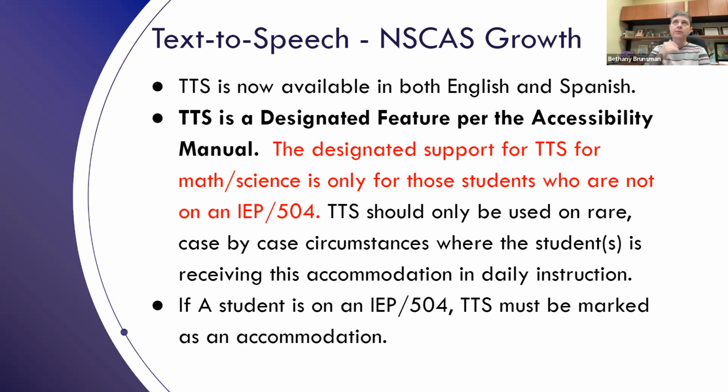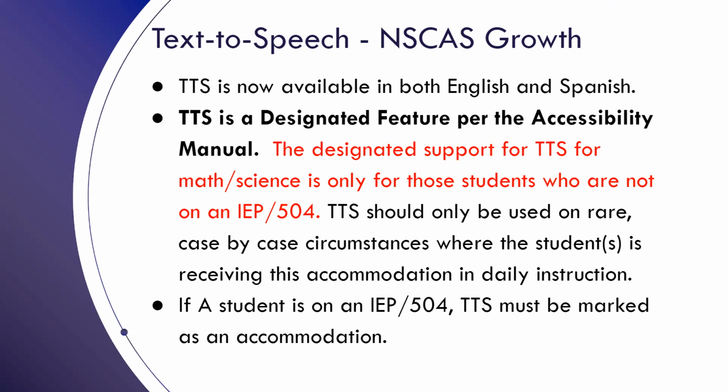Okay, a designated support, though, as I understand it, is something any student can have as long as they use it regularly in the classroom, right? Is that definition correct? Right now, it's only available for math and science. It's not available for ELA, as we have it set up for our assessment.